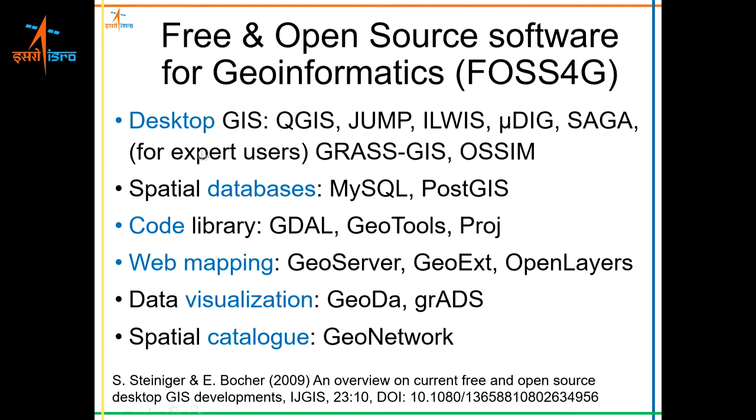So, for example, the term FOSS4G stands for free and open source software for geoinformatics. There may be some minor changes. Some call it FOSS for GIS or for geomatics and all that. The commonly used term is FOSS4G, which stands for basically the category of free software in this domain.